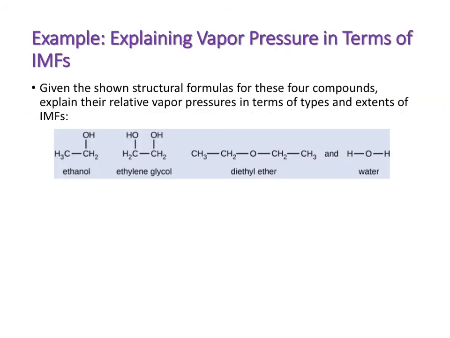So in this example, we will be explaining vapor pressure in terms of IMF. What do we need to know for this? We need to know about London dispersion forces. Every single molecule has London dispersion forces. We have dipole-dipole, so polar molecules have dipole IMFs between them.